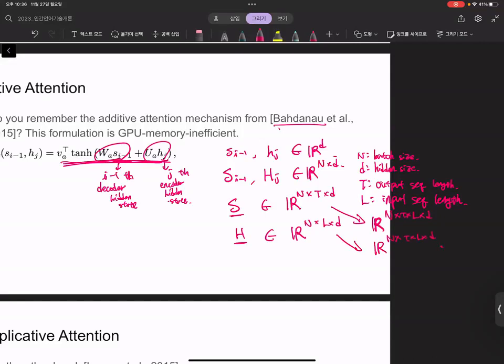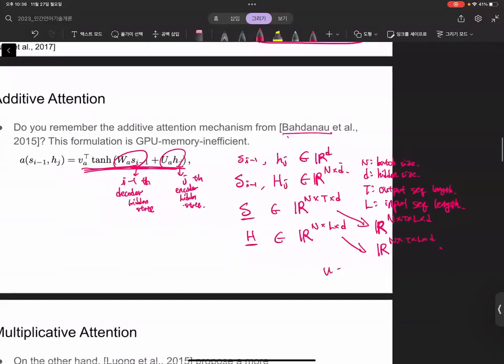This can be realized by using unsqueeze in the torch language, and then repeat. We have already seen a similar process in the last lab session.